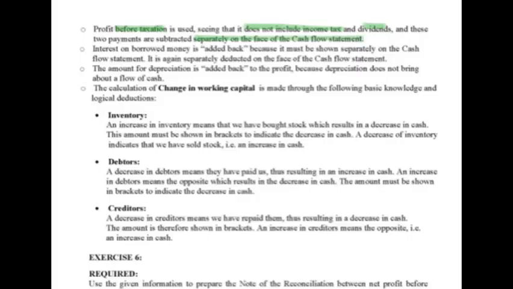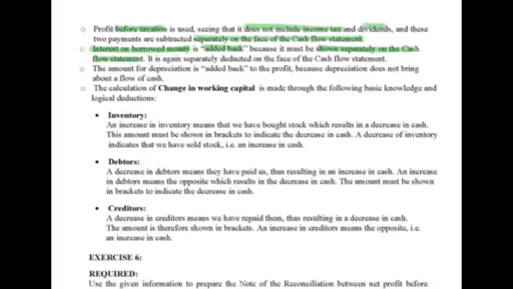I want it separately on the actual face of the cash flow statement. Interest on borrowed money is added back because it must be shown again separately on the cash flow statement. So the same as with tax and dividends, I want to show it separately on the face of the cash flow statement and not part of note number 1.